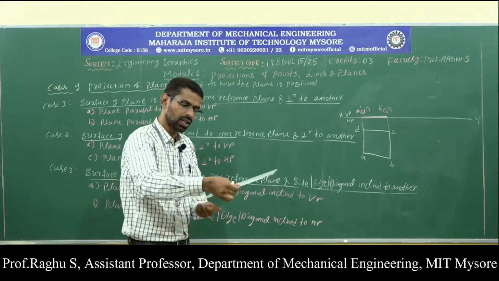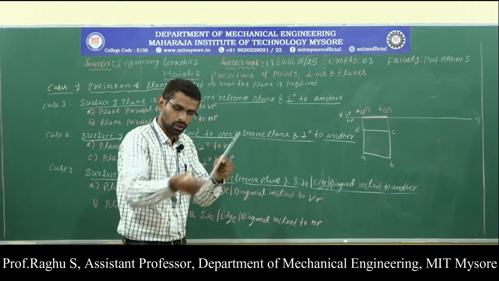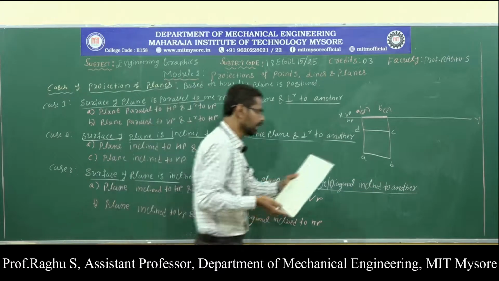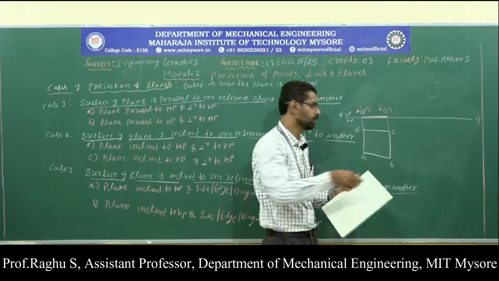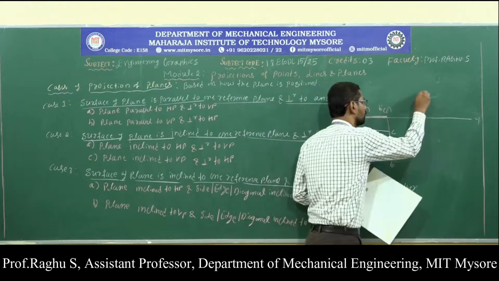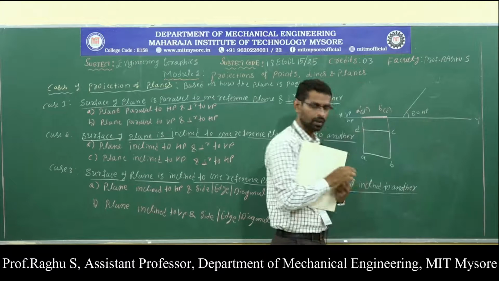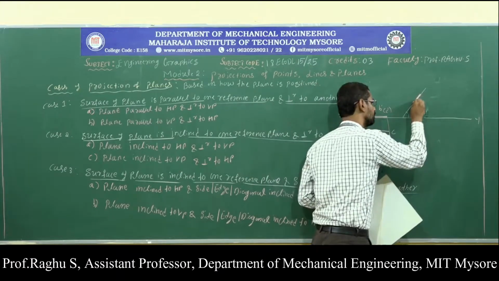Next, consider only HP inclination, that is, the lamina inclination. Tilt the lamina like this with respect to the resting edge. Here the front view length will not change. Draw the HP inclination theta. Now redraw this front view length.